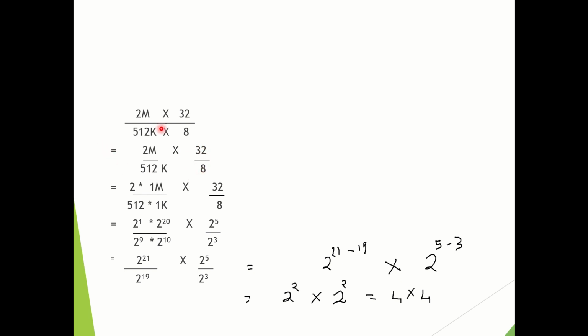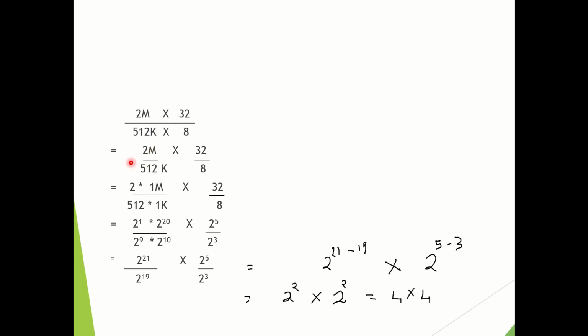So the first step is to divide the row of this larger memory by the row of the chip, 2M divided by 512K. This result will give you the required number of rows in the resultant organization. The column of the larger memory is divided by the column of the chip size, and this will give you the number of columns required in our resultant memory organization.